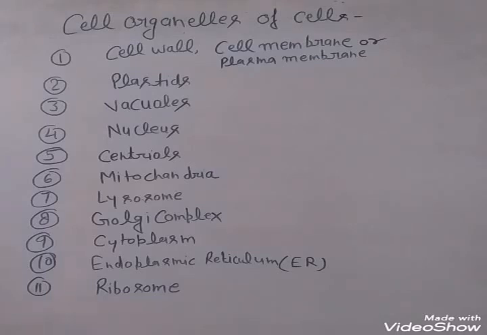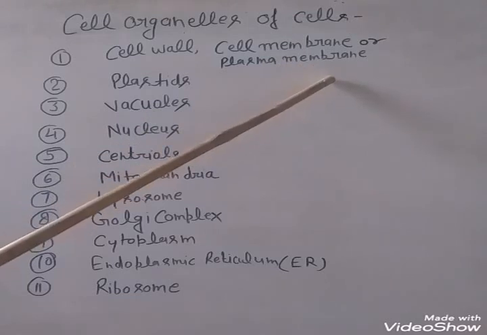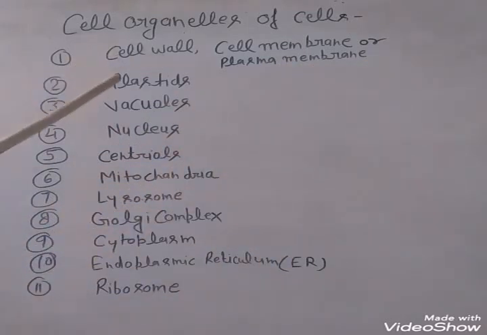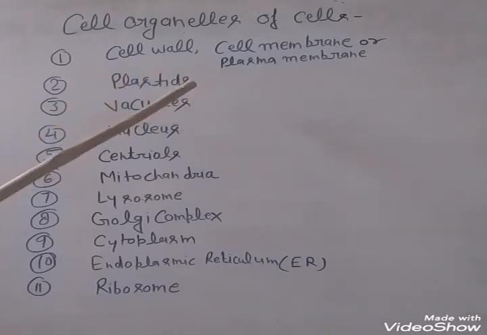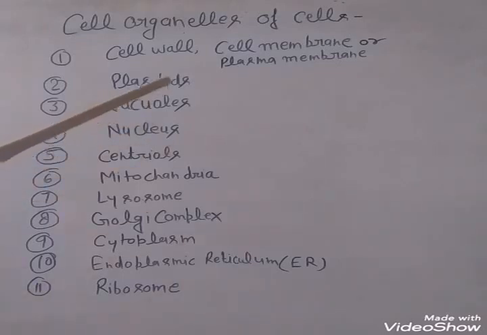The cell wall is present in plant cells, and the cell membrane or plasma membrane is present in animal cells. Plastids, which contain chlorophyll, are present in plant cells but absent in animal cells. Plastids help in food formation with the help of photosynthesis, so plants are autotrophs.